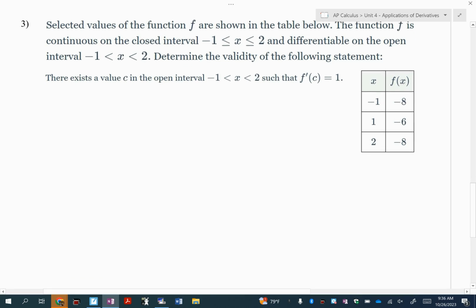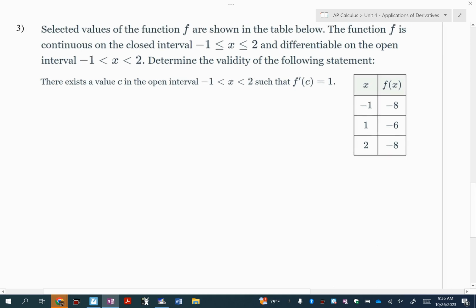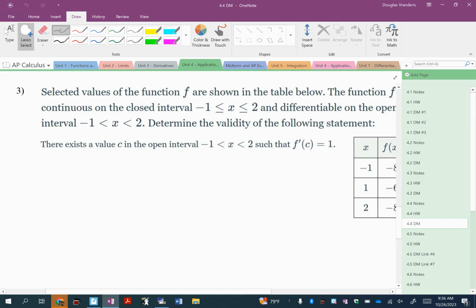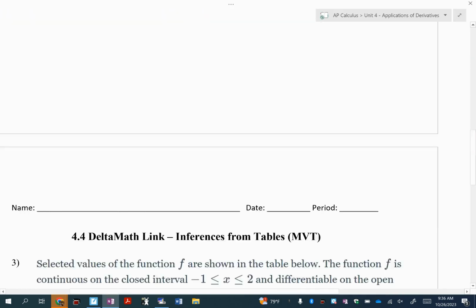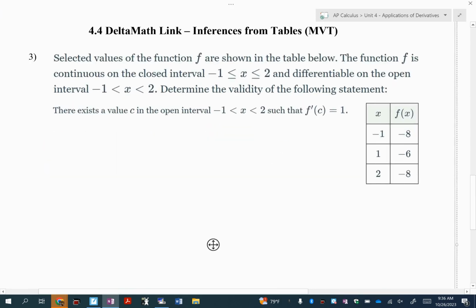So it wants us to determine the validity of the following statement. There exists a value c in this interval such that f prime of c equals 1. The way I want you to go about doing this is first focus on the two endpoints. What are my two points that are the endpoints here? -1, -8, and 2, -8.